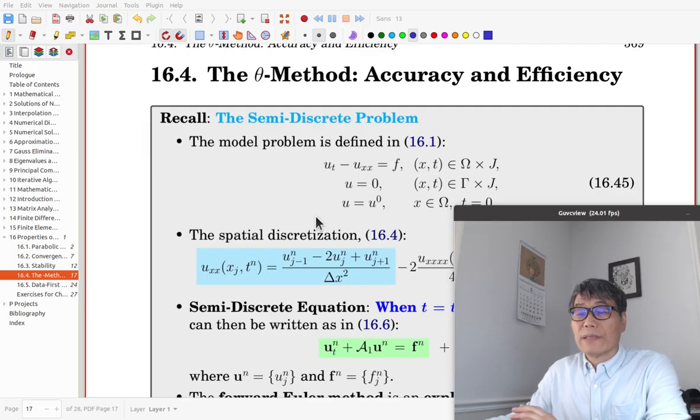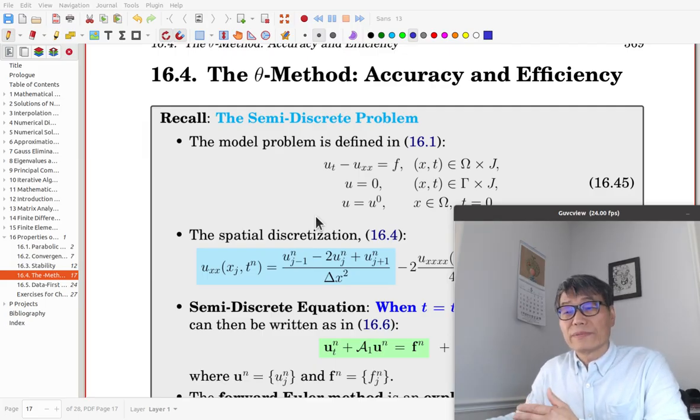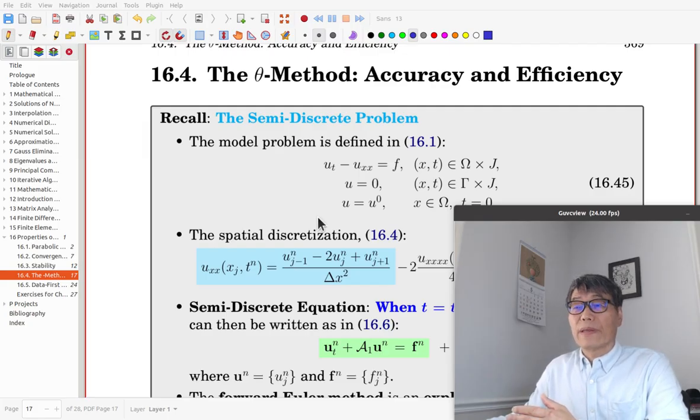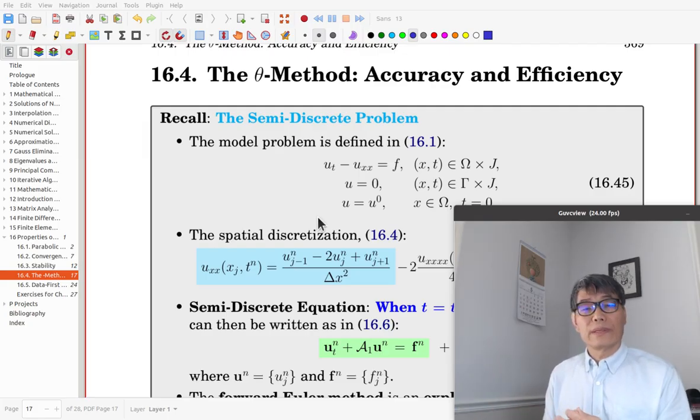In this section, we'll try to discretize the time derivative in different ways, and then we'll try to compare accuracy and efficiency.